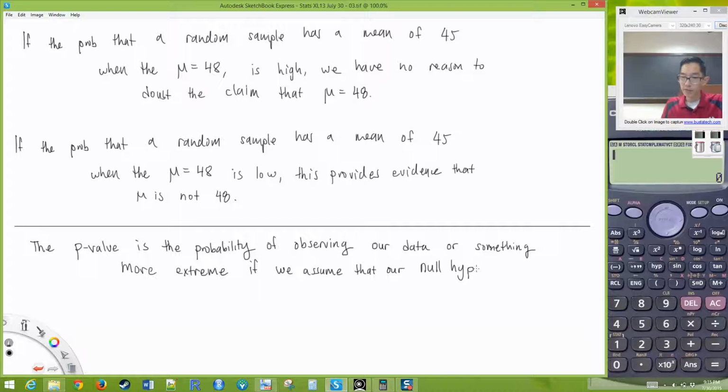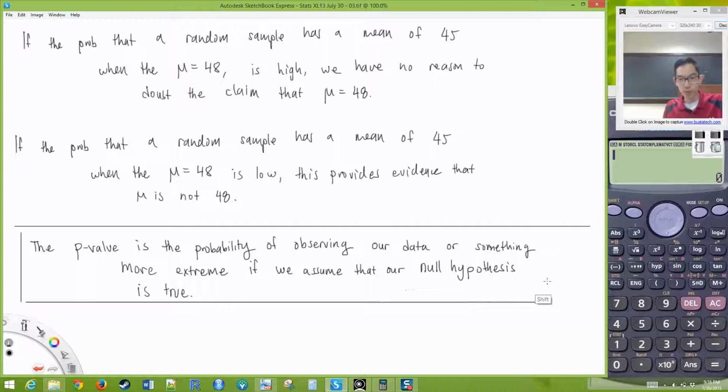I haven't fully explained what a null hypothesis is yet. The null hypothesis is basically the claim against which you are testing. So in this case, we're asking what is the probability of observing our data, meaning having a sample mean of 45, if we assume our null hypothesis is true, if we assume that the population mean mu is 48. This is a good definition to memorize or learn.